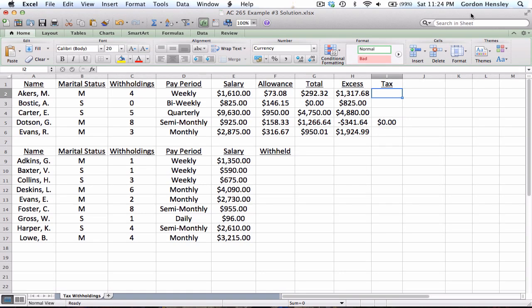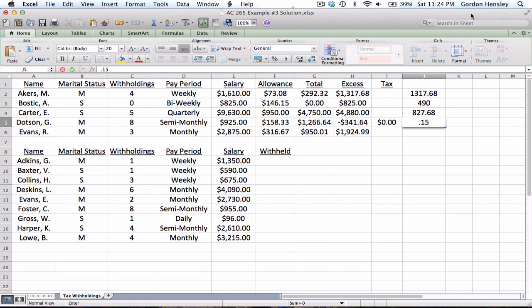So here's how I'm going to use that information. They've got $1,317.68. I want to see how much that exceeds $490. So I can take that amount and deduct $490, and that'll tell me how much it exceeds. Then I'm supposed to multiply that amount by 15%.